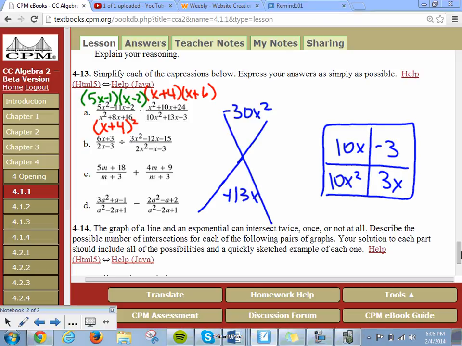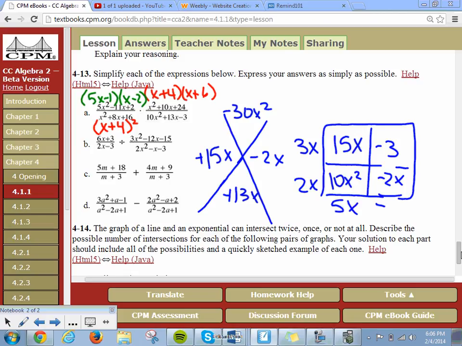So we know we need to have a positive 13. We're looking for something that's going to multiply to 30. Looks like I'm looking actually for a positive 15x and a negative 2x. As you go back and double check the work. Alright, so positive 15x and negative 2x. Over the top we can pull out a positive 3x.